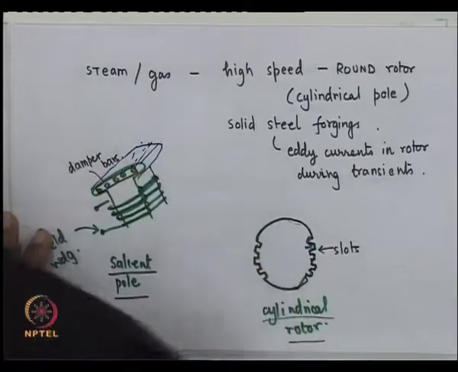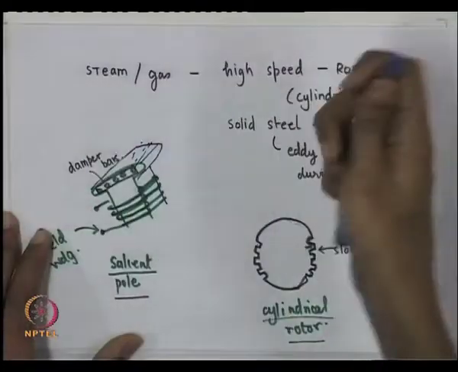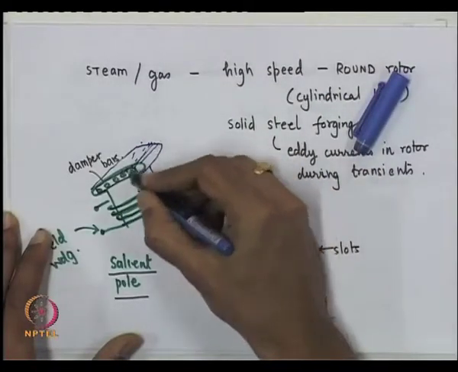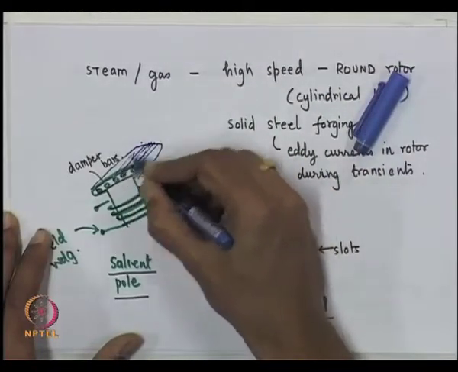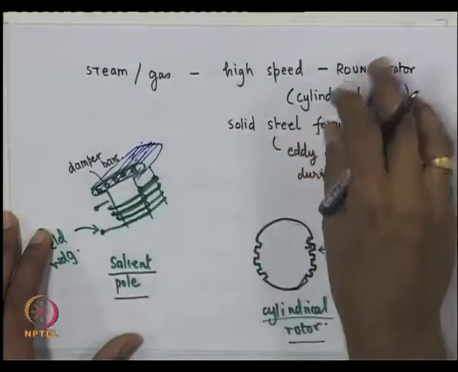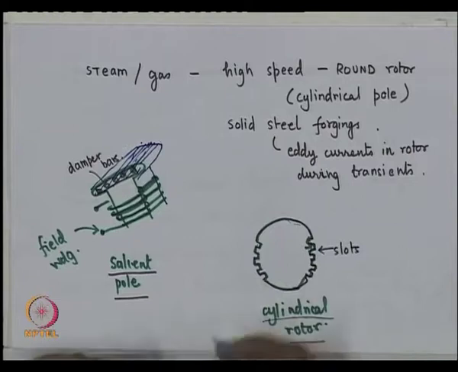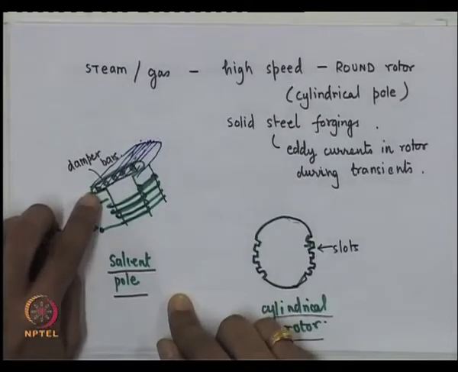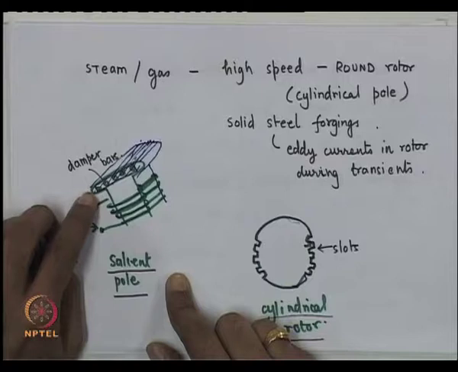The damper bars are embedded on the pole face, and then they are short circuited at the end. So, they basically are like a cage on an induction machine. The basic function of these damper bars is to damp out transients.